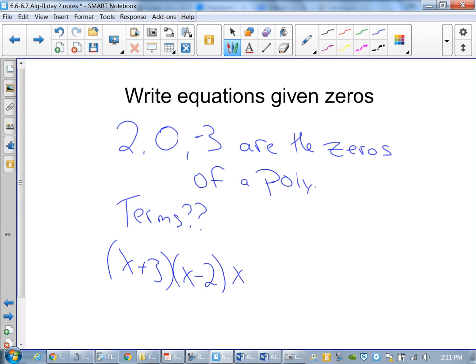That's it. We've been saying that all along. Remember when you guys found a 0 using synthetic? When we did synthetic division, and all of a sudden that negative 2 wound up being a 0 down here, I said, hey, right off to the side, x plus 2 as its term. So that way you keep it going.